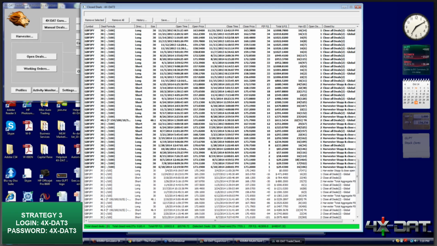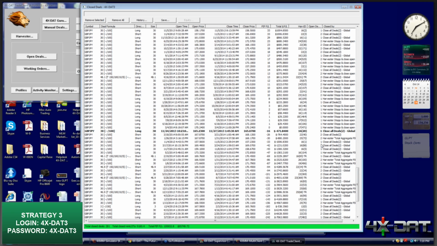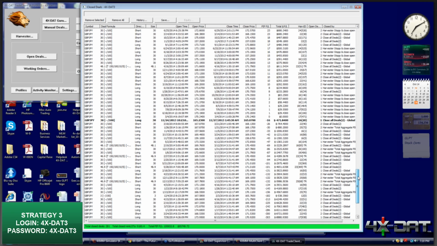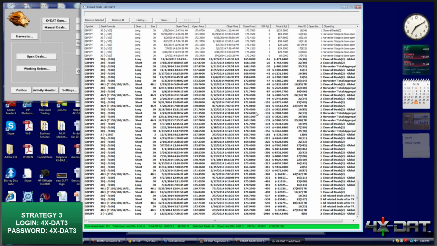Right there. So out of a total of 281 trades, and again, this strategy doesn't trade a lot. It trades, but not as much as some of the other ones. Out of 281 trades, 236 were profitable, and only about 44 of them were losers.